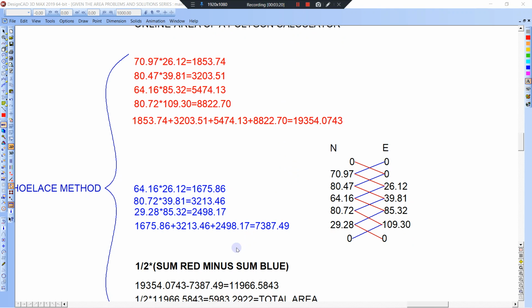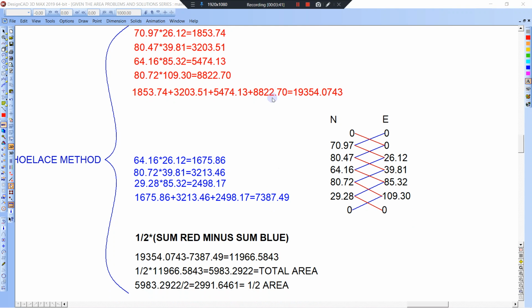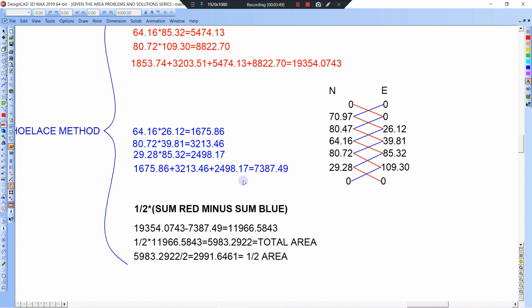Now what we do with these two groups is add all of the results up. 1853.74 plus the rest, and we get 19,354. Then we add this group up too, and that's what we get. Then we take this one and subtract this one: 19,353 minus 7,387 equals our total.